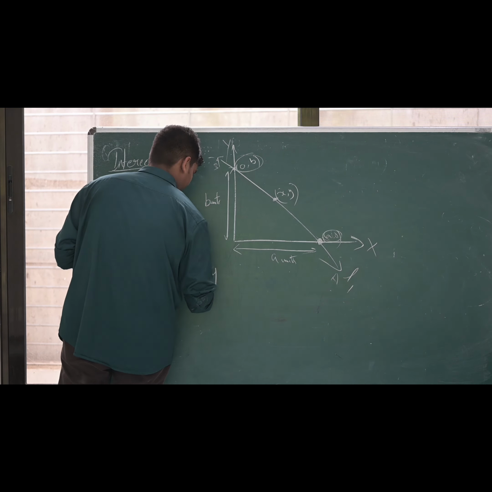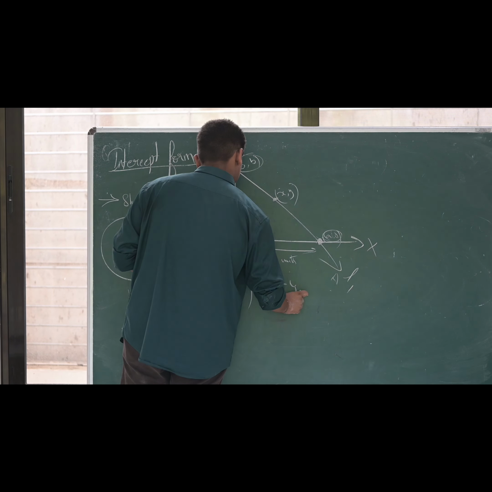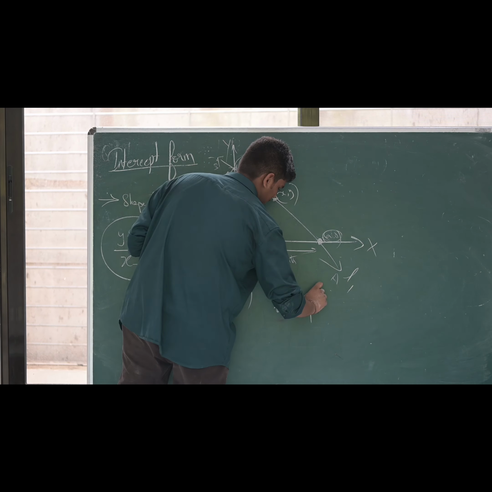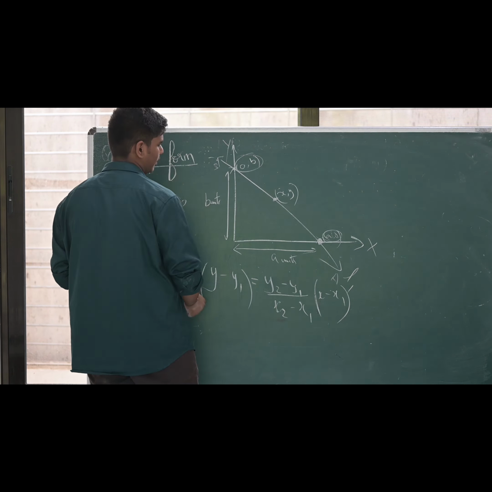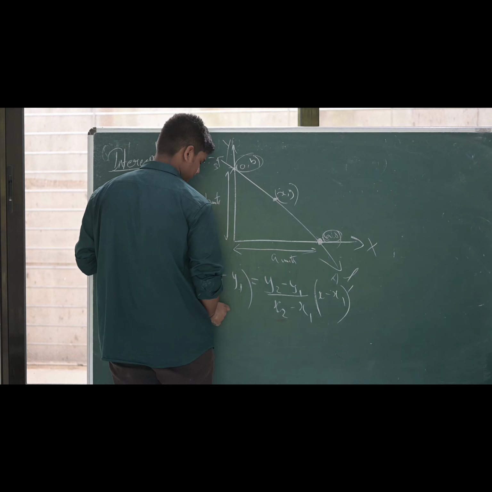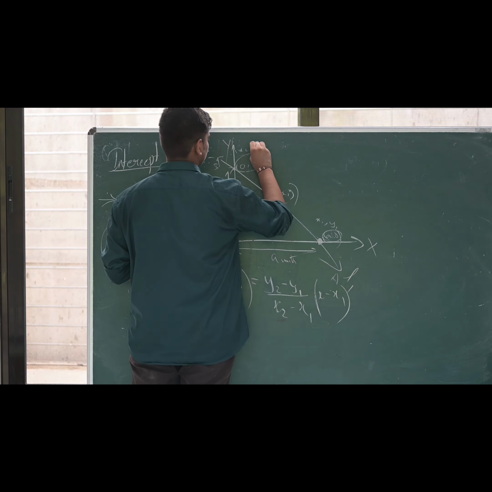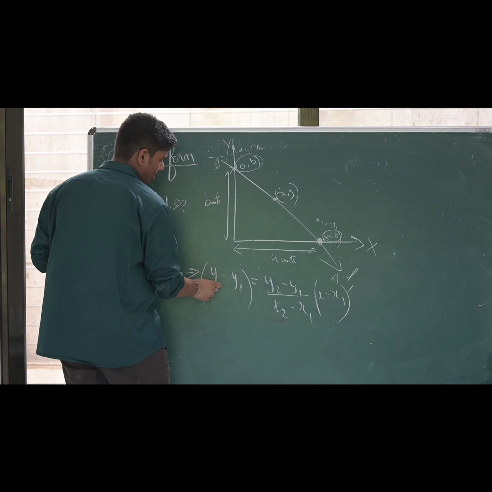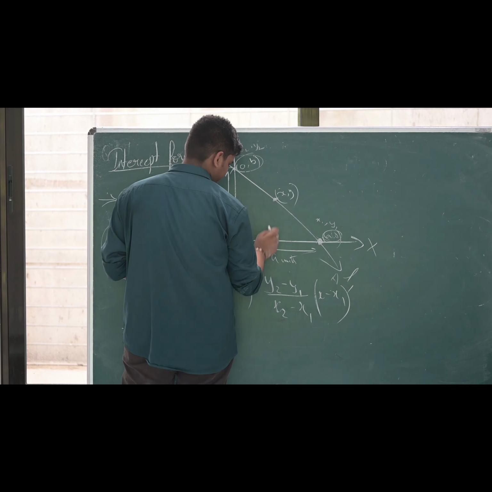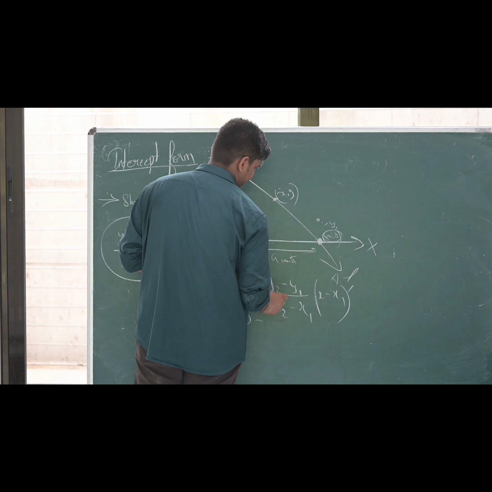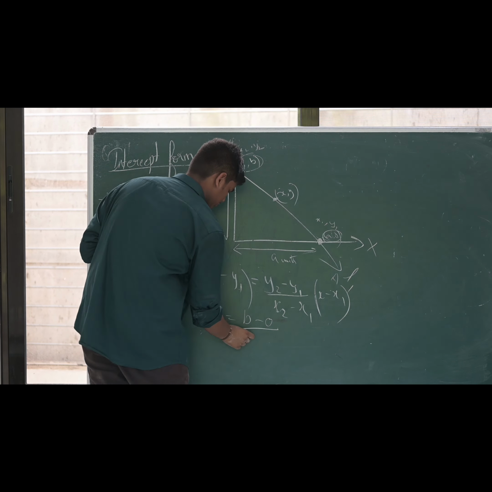Now, y minus y1 is equal to y2 minus y1 by x2 minus x1 whole into x minus x1. Now, what is y1 here? y1 is 0, x1 y1, x2 y2. So y minus 0 is equal to, what is y2 here? Y2 is b. What is y1? 0 by, what is x2? x2 is 0.